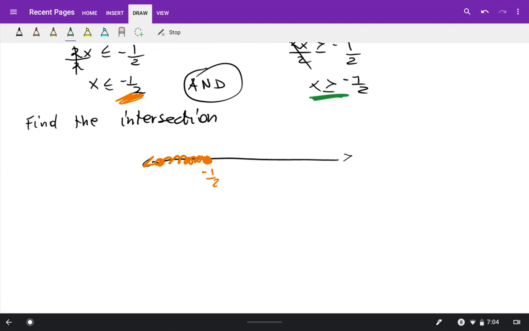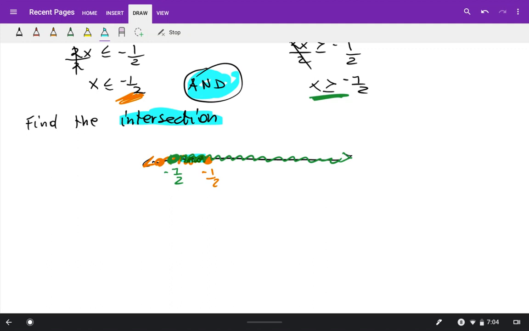X is greater than or equal to negative 7.5. So this is negative 7.5. Close the circle, greater or equal. So we're shading everything to the right. So and stands for intersection. So intersection is where two colors overlap. So this is our solution.